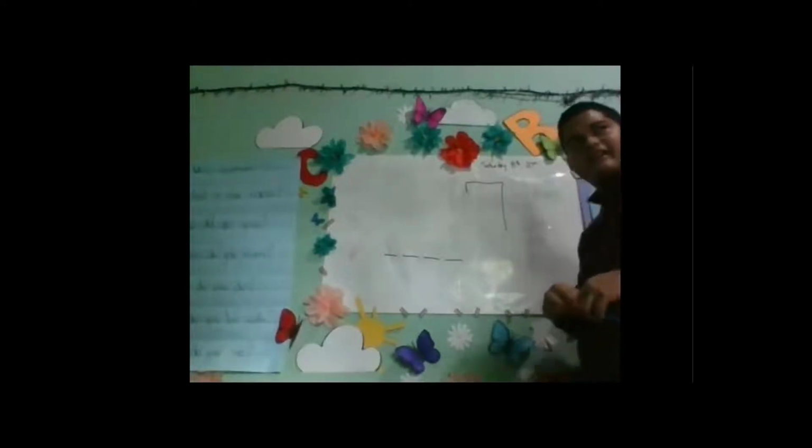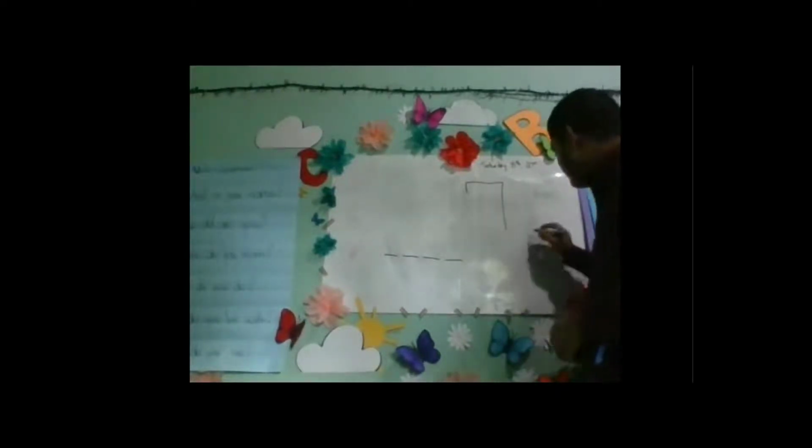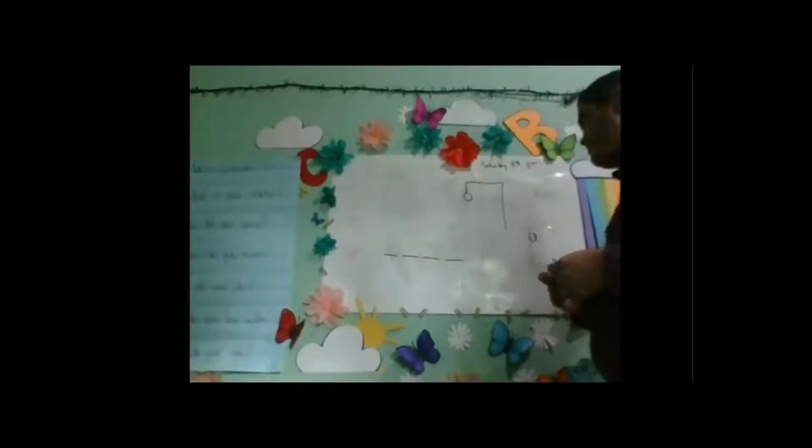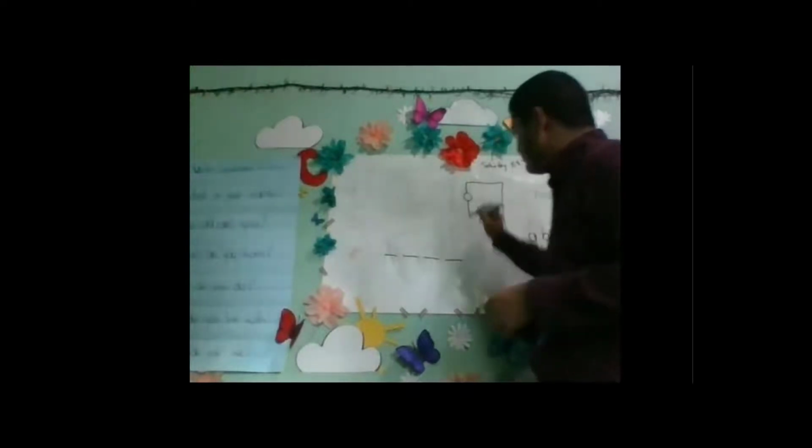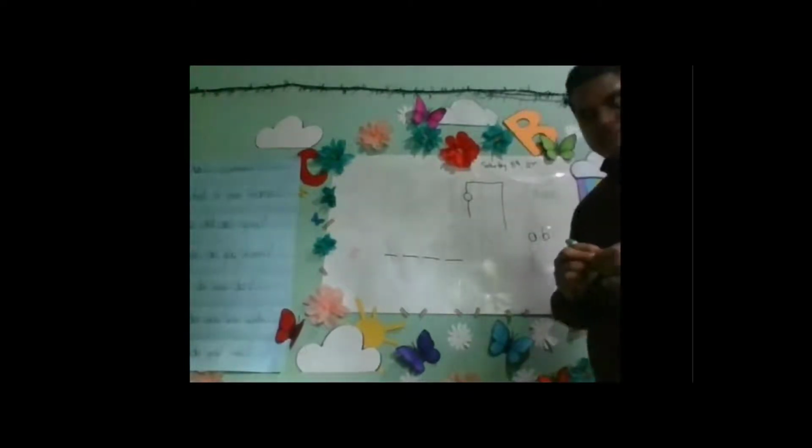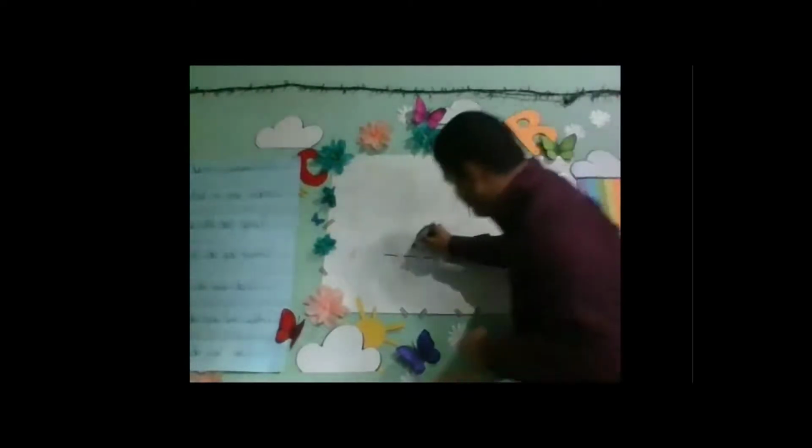Let's start with the vowels. Let's say the letter A. No. Letter B. No. Letter I. Yeah.